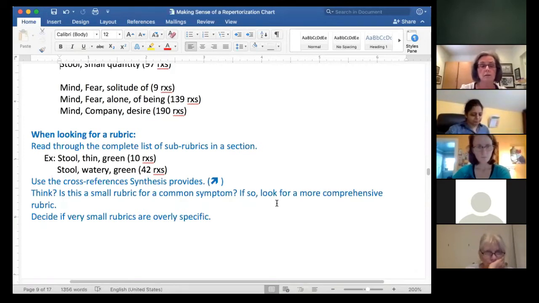It's a wonderful thing that Synthesis has done, that it's got all those cross references. And so definitely I want you to think, is this a small rubric for a common symptom? And if it is, you need to look for a more comprehensive rubric, and decide if very small rubrics are overly specific, because they might be, and then that's going to limit the number of remedies that you might consider.